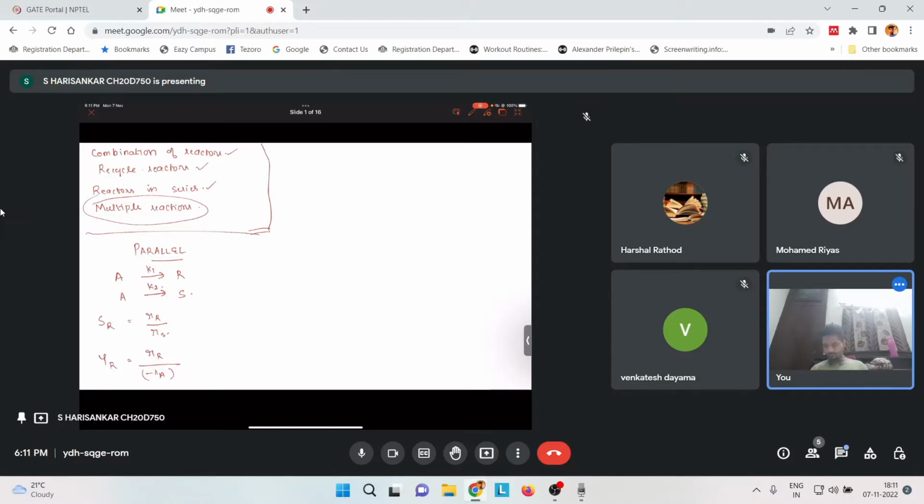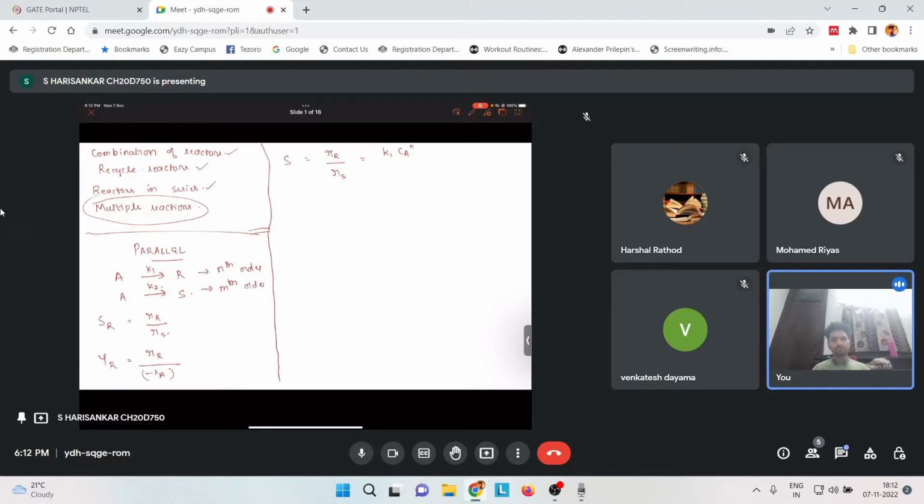Now, let's do something. So let's take the selectivity for this. So selectivity, we have it as RR by RS. So what is the rate of reaction of R? That is K1 Ca raised to N. Let us say this is an nth order reaction and this is an mth order reaction.